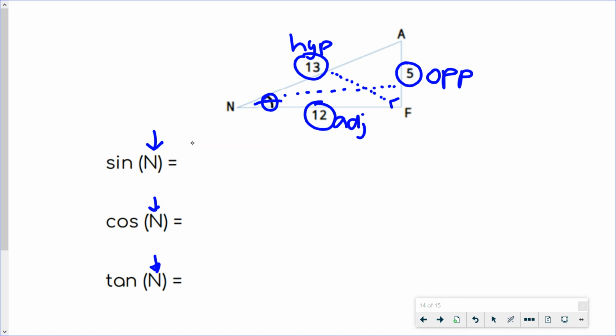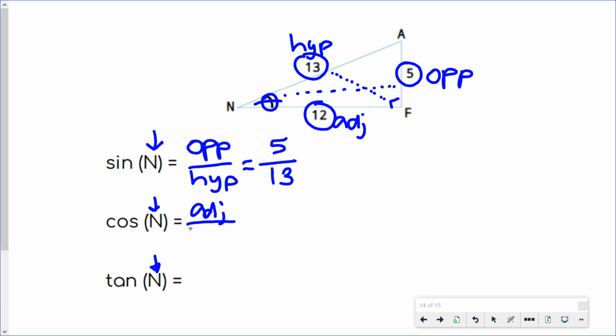I know that the sine, and I can look at my notes, the sine is opposite over hypotenuse. So I'm going to take my opposite value of 5 and put it over my hypotenuse value of 13. Next, I'm going to do the same thing for cosine, but cosine is adjacent over hypotenuse. So the cosine of N is using the adjacent when we're at N, which is 12, over my hypotenuse, which is 13.